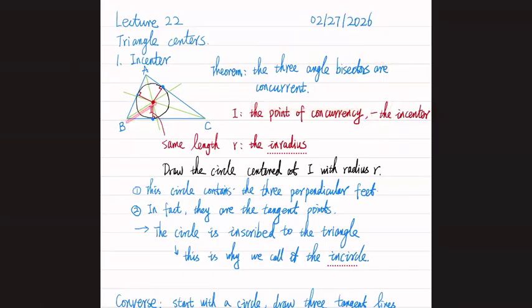Angle bisectors are concurrent. And Amy, an idea? How did we prove this? It was like the one really long homework that you gave us, right?